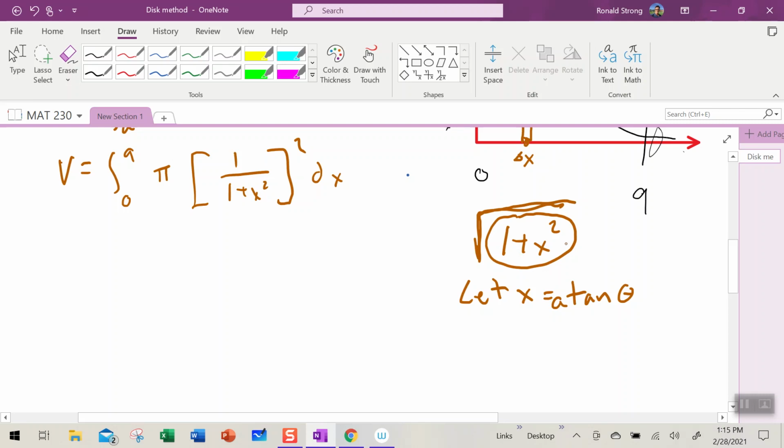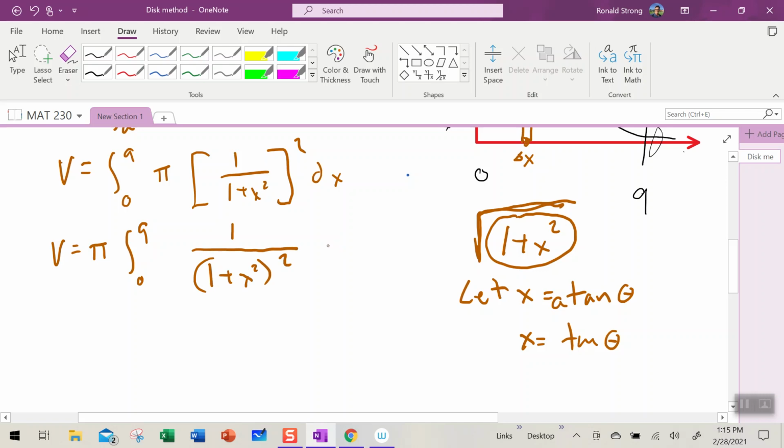In this case, a is simply 1, so x is going to be tangent theta. Let's substitute that in now. So volume is equal to pi. I'm going to pull my pi out in front because it's a constant. The numerator squared is just 1, and then the denominator is 1 plus x squared, squared, and dx is what we have here.